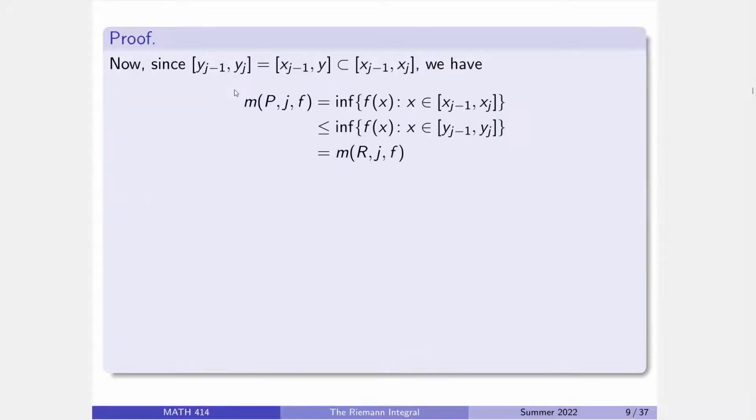All right, so specifically, if we look at y sub j minus 1 and y sub j, note y sub j minus 1 is still x sub j minus 1, but y sub j is y, and y is less than x sub j. So that means this subinterval is contained in this one, which means the infimum of our function on the larger subinterval can only be made larger by going to the smaller subinterval.